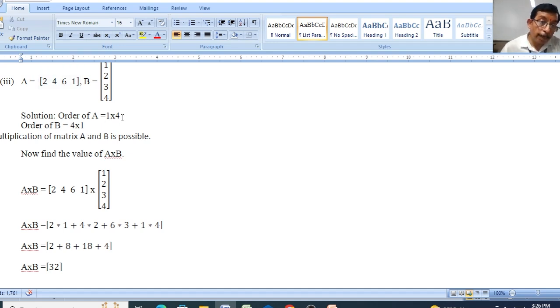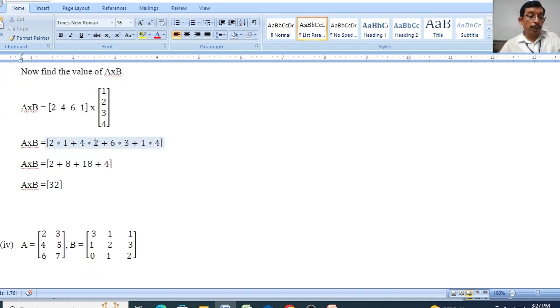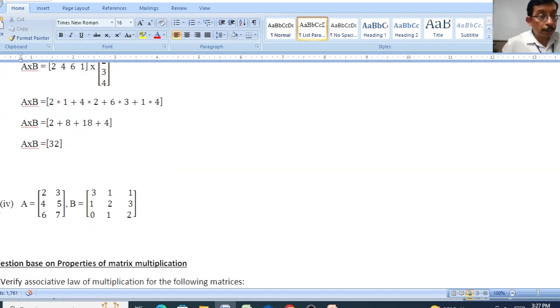Then the common element 4 and 4 cancel out, the last element of the order of A and the first element of the order of B. The remaining elements, 1 by 1, are the order of the new matrix. Clear? Now we come to the last question.